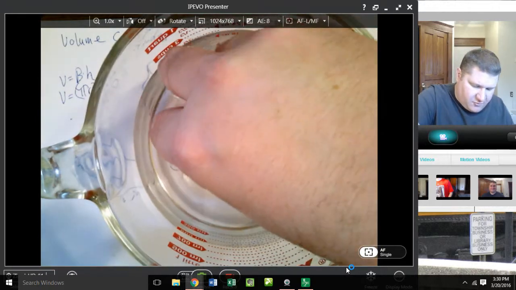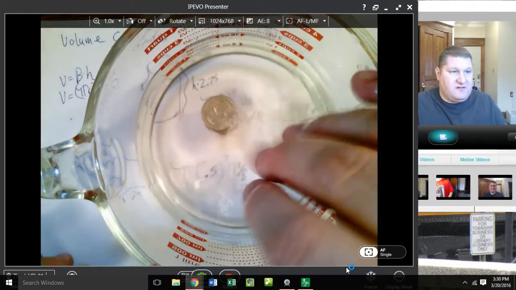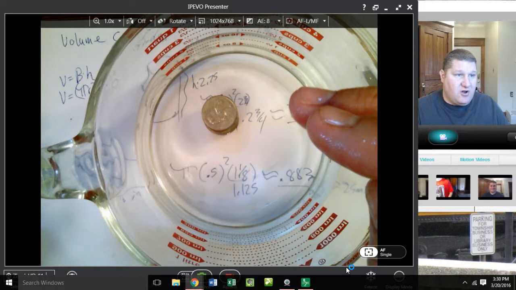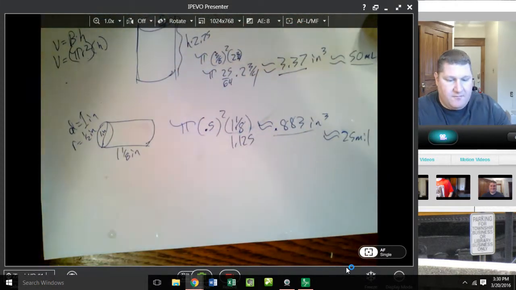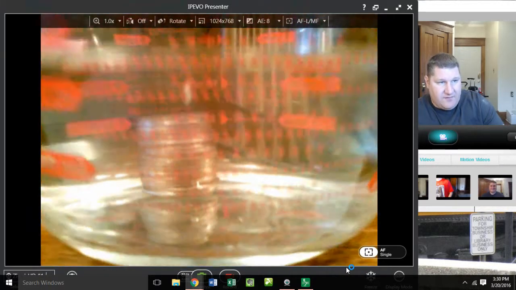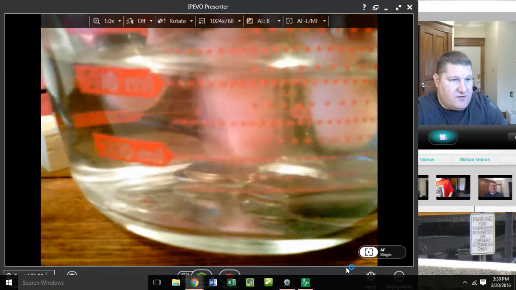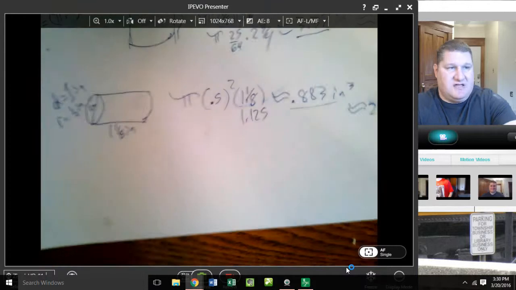This becomes an important concept in geometry because whether they are a perfectly straight up stack for a cylinder or whether they're scattered all over the bottom, the amount that the water went up stays exactly the same. So it doesn't make a difference on how much volume they take up.